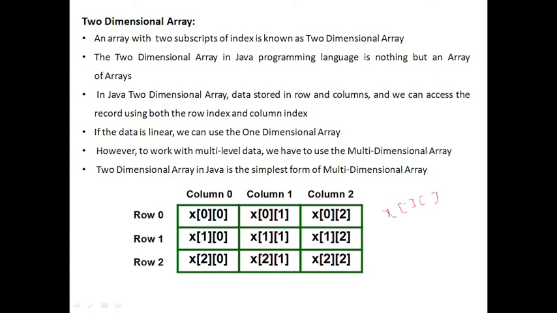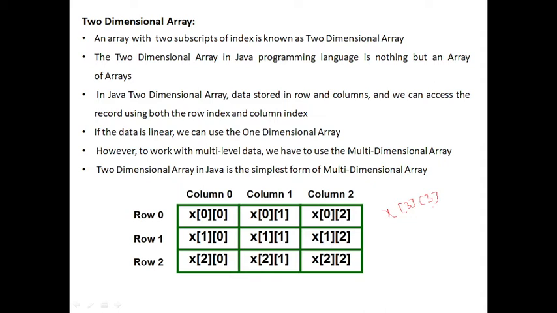So this is 3. And here, the number of columns. How many columns are there? 1, 2, 3. So here you have to write 3. So this is the size of this 2D array: the name of the array, number of rows, number of columns, right? This is how to write the 2D array.